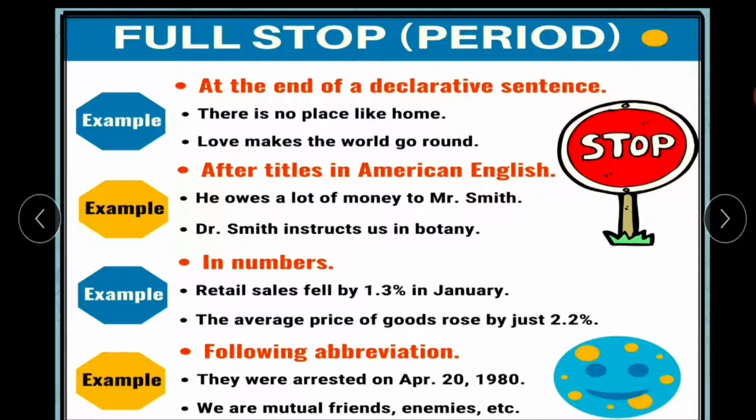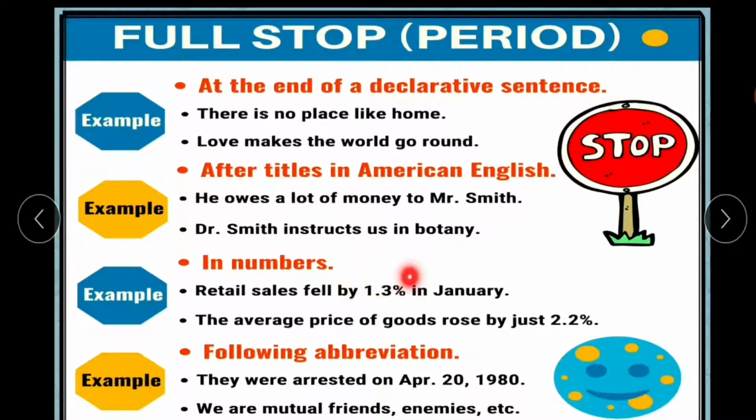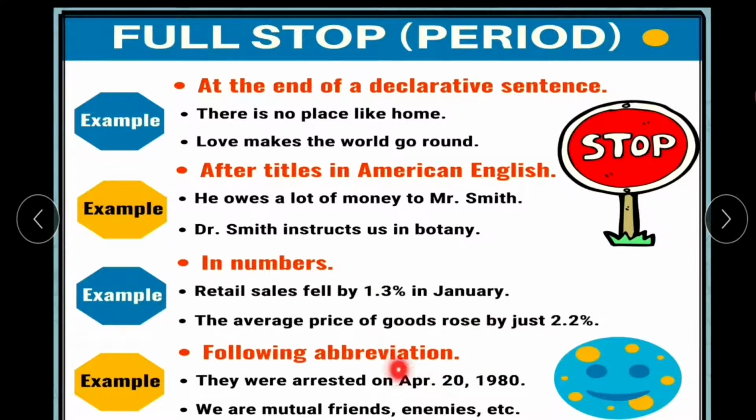Okay. Now in case of numbers, we use this full stop mark. You know that in case of decimal math, you use this full stop, right? So like this way. And the abbreviation. Abbreviation means the short form. If you are writing any short form, like April, you write APR.